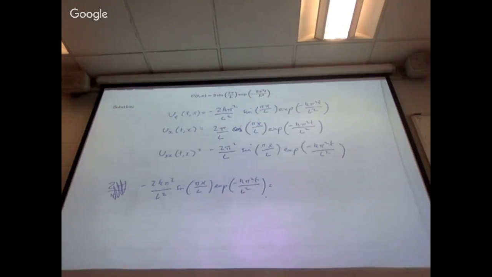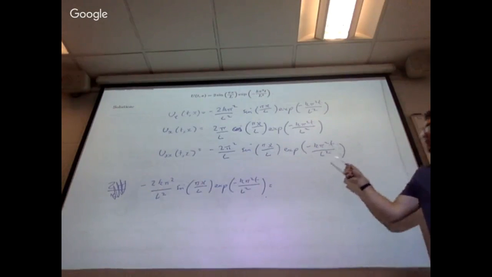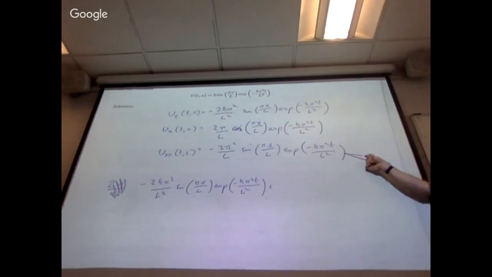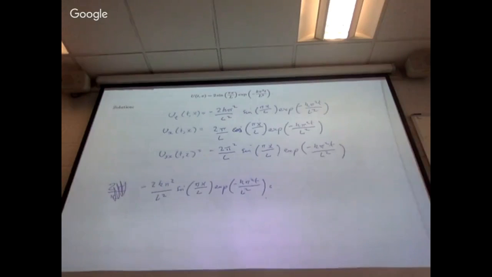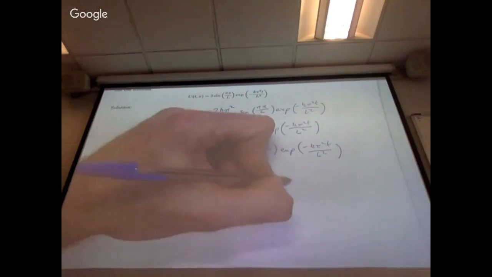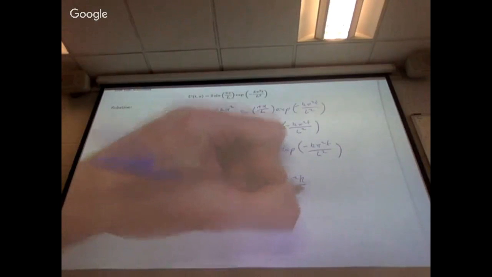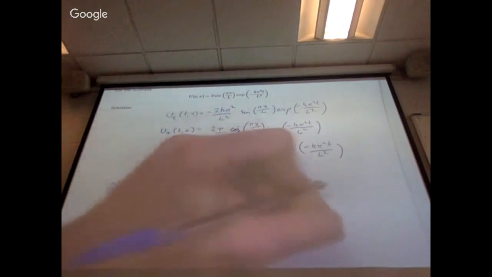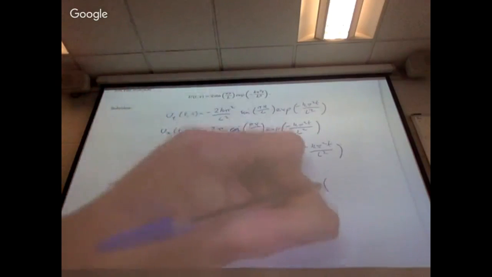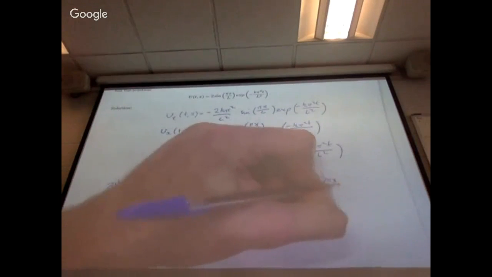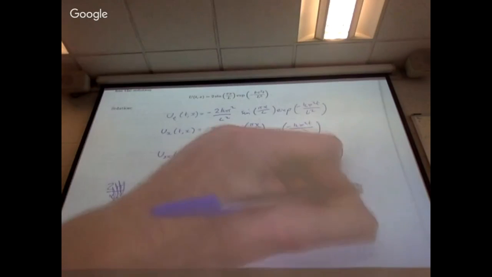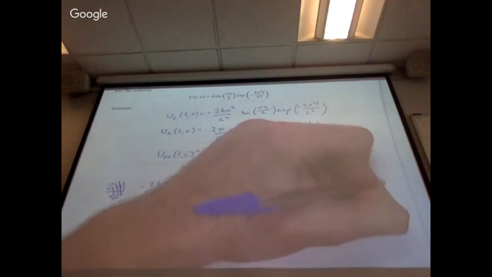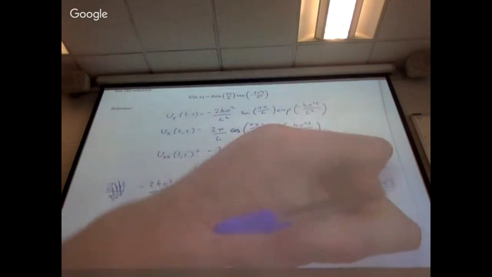So that's the left-hand side. On the right-hand side, I've got k times all of that. So I've got minus 2 pi squared over L squared, and I'm multiplying that by k times sine pi x over L e to the minus k pi squared t over L squared.